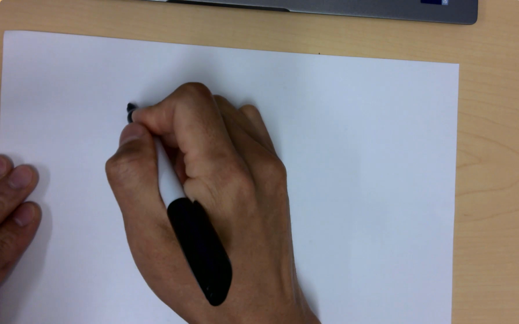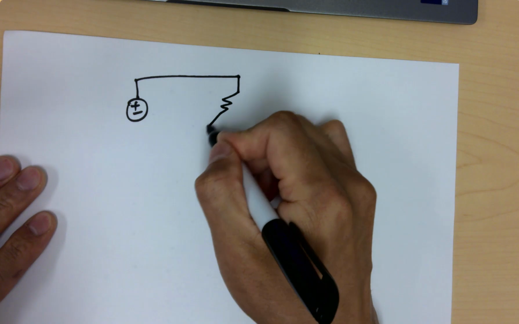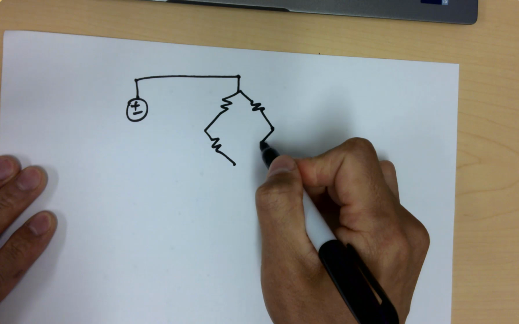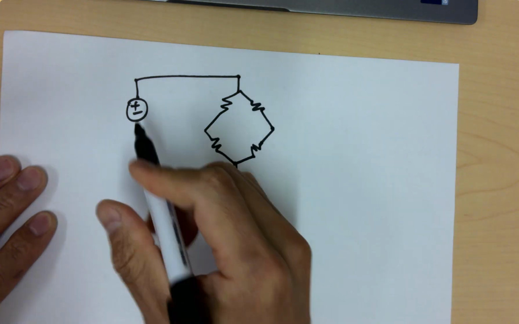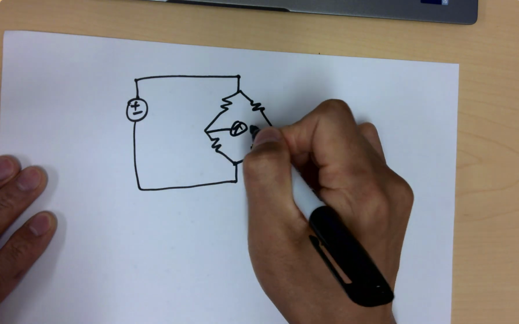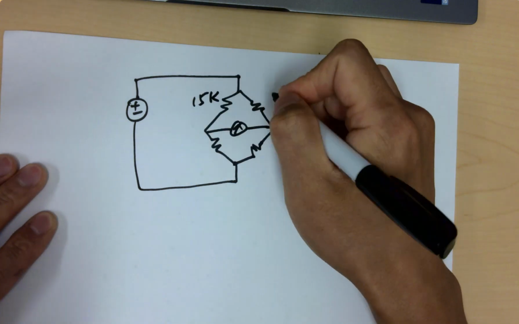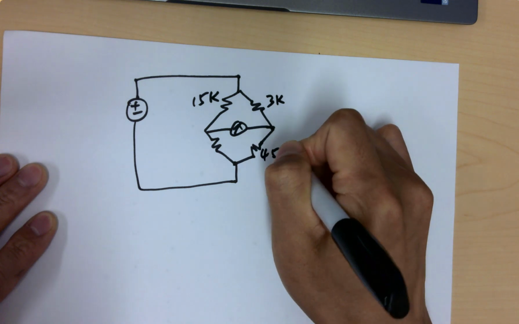Right, so which is this one? It's telling you that this is a Wheatstone bridge circuit, but actually the resistors are not making sense for a bridge circuit.